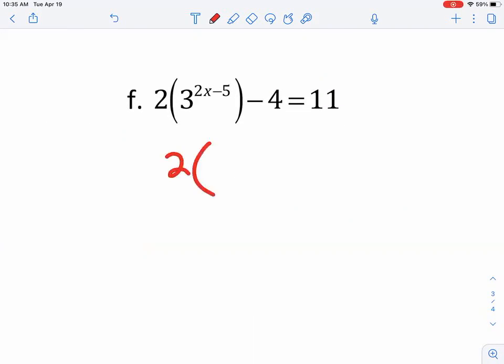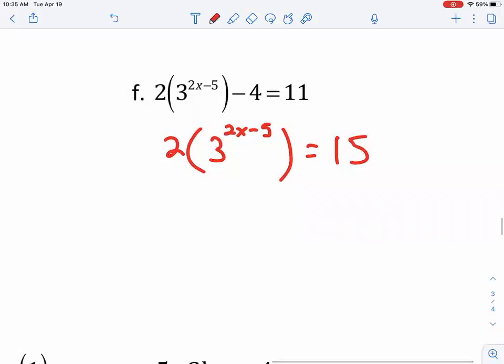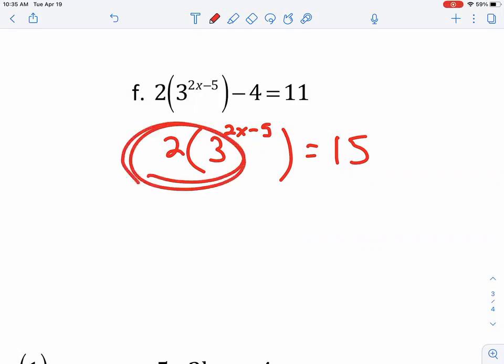So I get 2 times the quantity, 3 to the 2x minus 5 is equal to 15. Again, I got 15 by adding the 4 over. And still do not multiply those. I have to divide by 2.